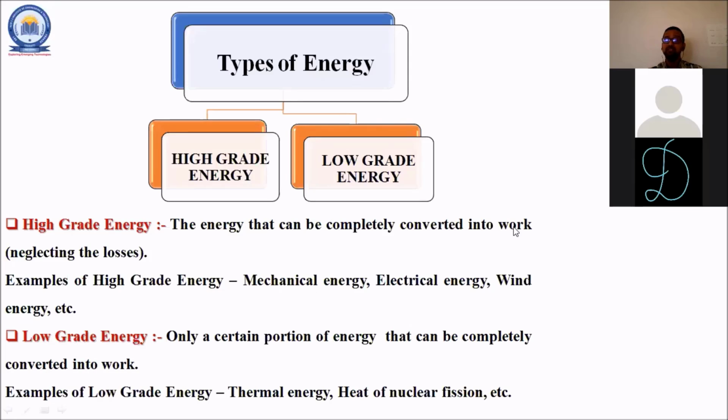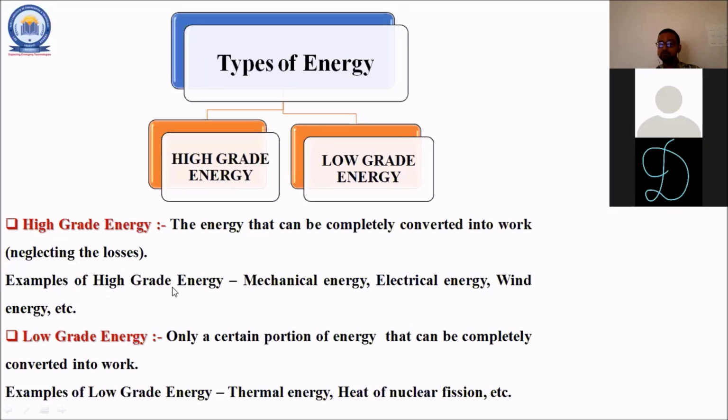From the technical perspective, we cannot have a complete conversion of energy into work. There will always be some percentage of losses. But in high grade energy, though the losses are taking place, we are neglecting them. And since we are neglecting the losses, we say that the energy is completely converted into work.